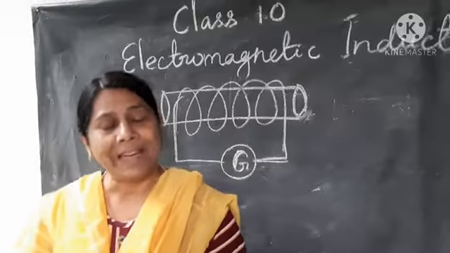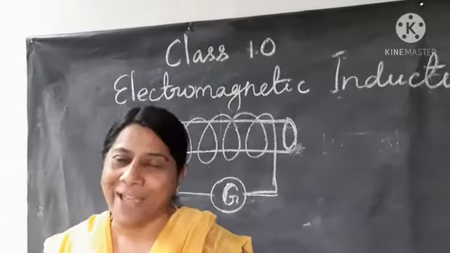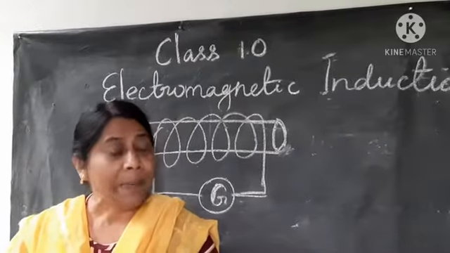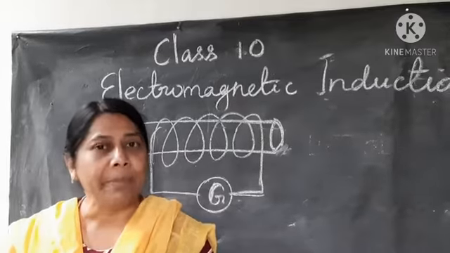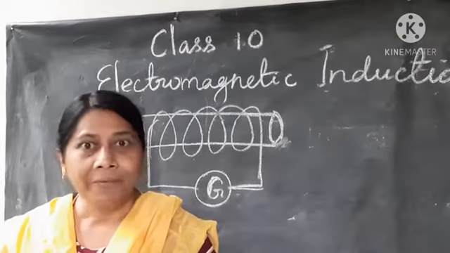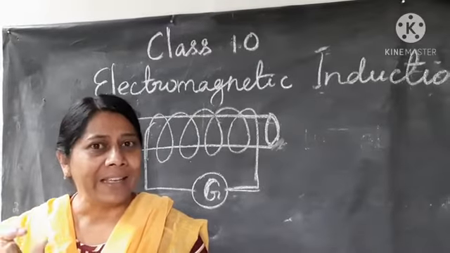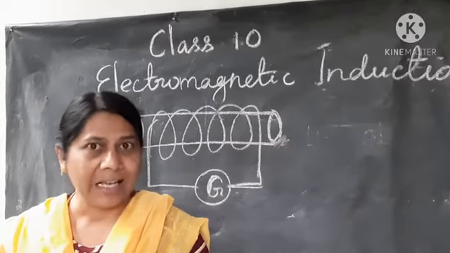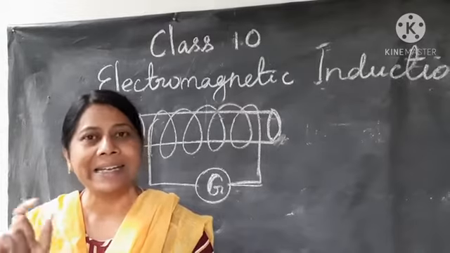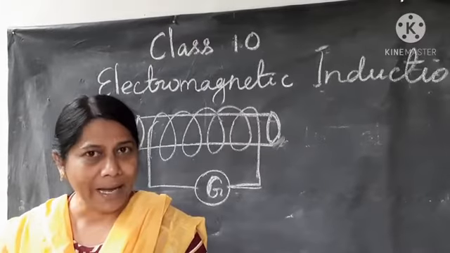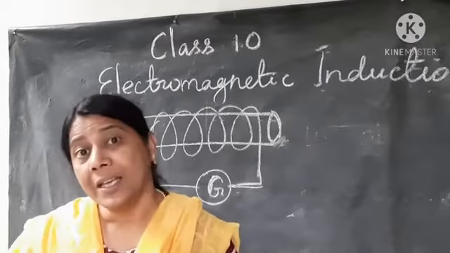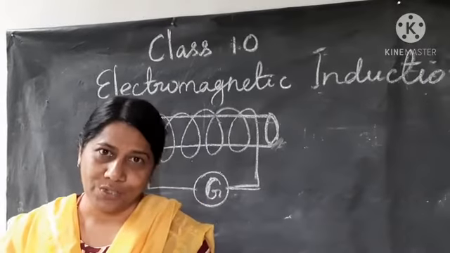It was done by the scientist Michael Faraday. He proved that current can be induced when a magnetic field is in motion. In other words, when a magnet is in movement, current can be induced in the circuit.